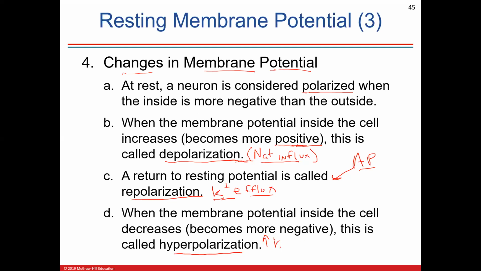Hyperpolarization can be excess potassium efflux or chloride influx, because chloride is negative. So if that comes in, it's going to hyperpolarize the membrane. Now, if the membrane is hyperpolarized, it's going to be harder to get an action potential. And I believe we talked about this.